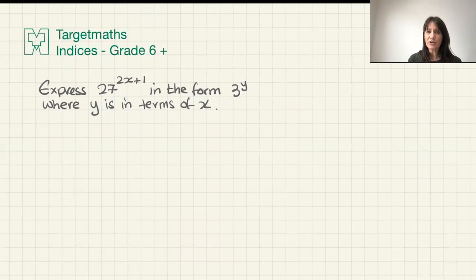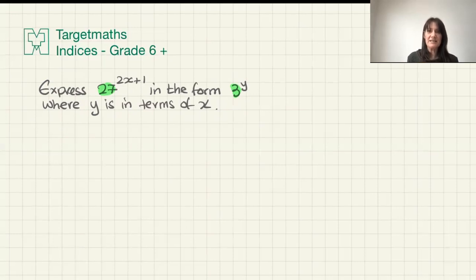They all work on the same principle: they give you something that is different in the base numbers, but the base numbers are connected. 27 is my base number here, 3 is my base number here, but they connect by powers. That's the thing to look for, because that's what they set up in the problem solving. So 9 times out of 10, that is going to be your quick way in to the problem.